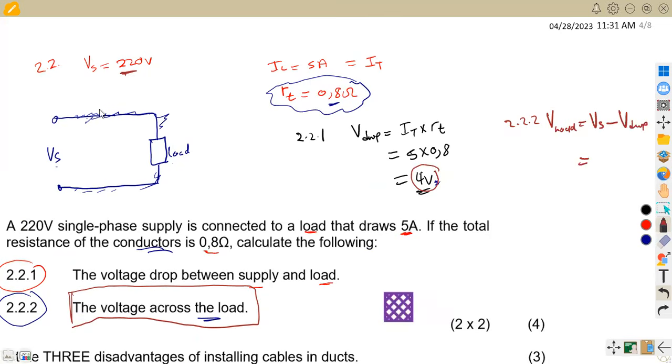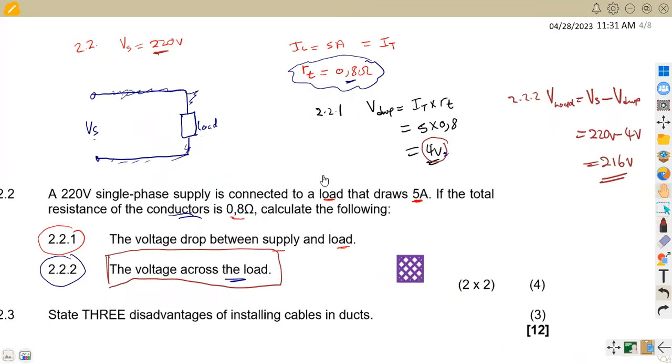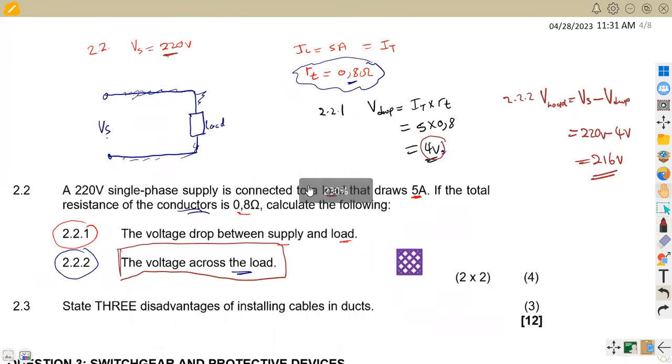So this is going to be our supply voltage of 220 minus a voltage drop of 4 volts. So if we subtract, we are going to obtain 216 volts, which is the voltage across the load now. So that is how we can attempt these typical questions. We just have to be careful on how you answer your questions and so forth.